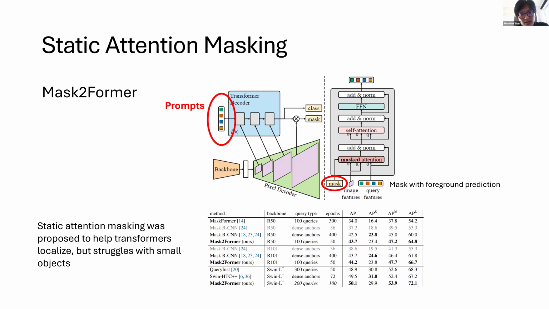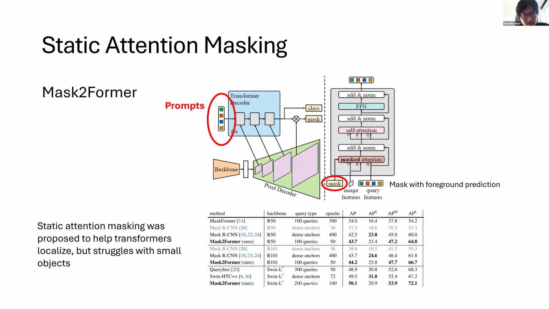And this mask was from the foreground prediction. Let's say in every layer, the model has a rough prediction for the foreground, and the model will exclusively focus on this region for the cross attention, but ignore all other regions. This static attention masking was originally proposed to help the transformer localize. But from the experimental results of Mask2Former, it seems that it struggles with small objects.